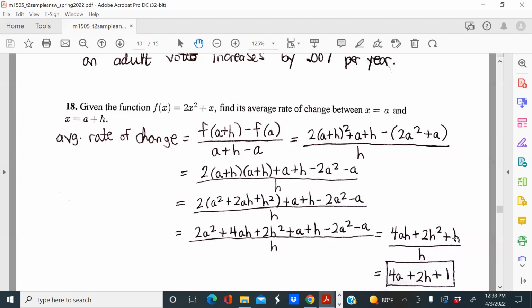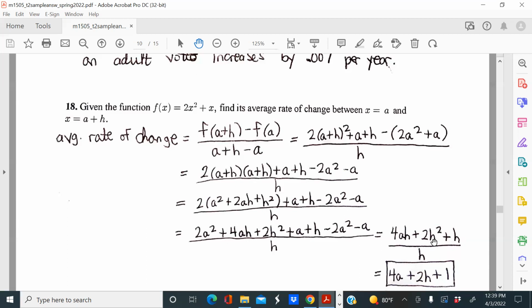Now, fortunately, and this often happens when you're simplifying these average rate of change calculations, you have h in all 3 terms in your numerator, and you're dividing by h. So that means you can divide all of these h's out. So you end up with this h dividing out, you just get left with 4a.